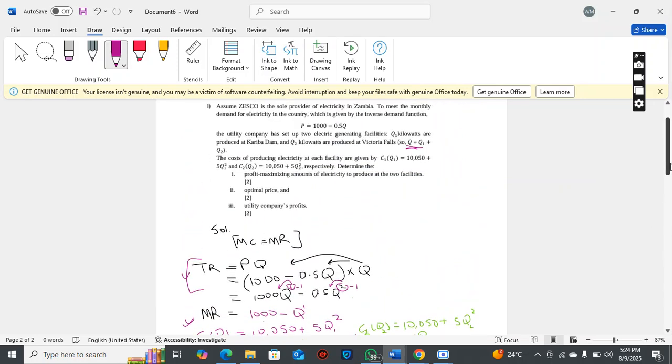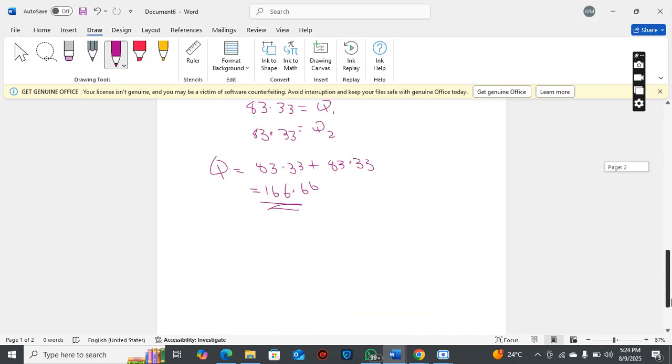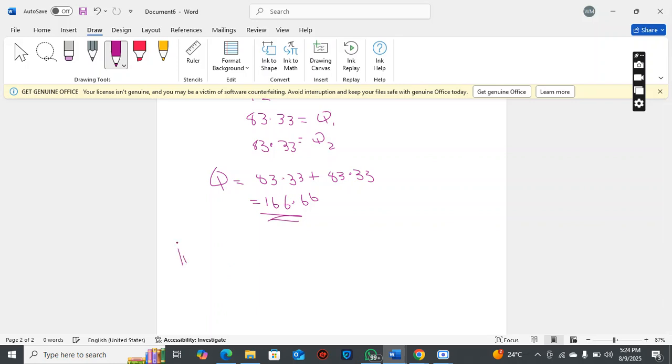Then, okay, we go to part 2. What is the optimal price? So here, P equals 1000 minus 0.5Q. All right, so the optimal price, P equals 1000 minus 0.5Q. So here we're going to say 1000 minus 0.5 times 166.66.